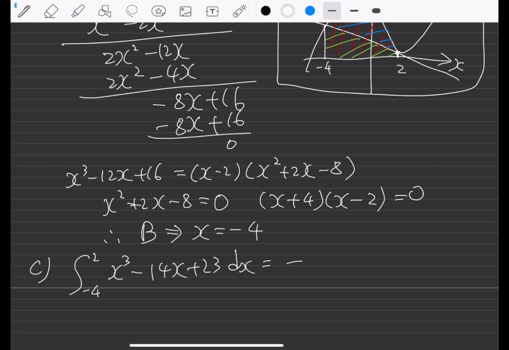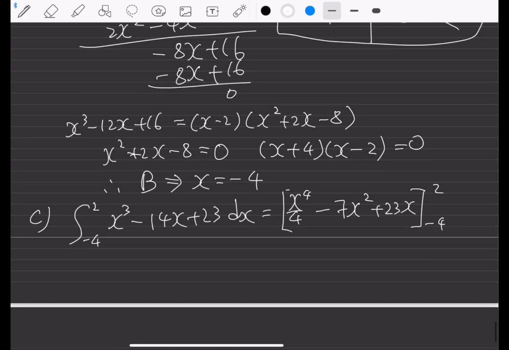That gives us x to the power 4 over 4, take away 7x squared, and then plus 23x. And then we need to calculate this result from minus 4 to 2.